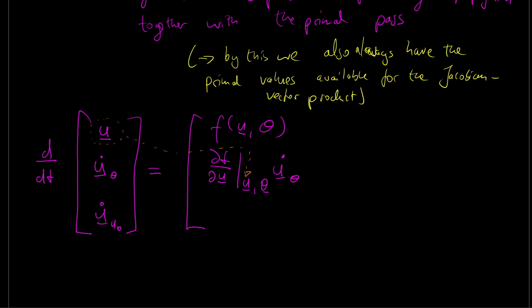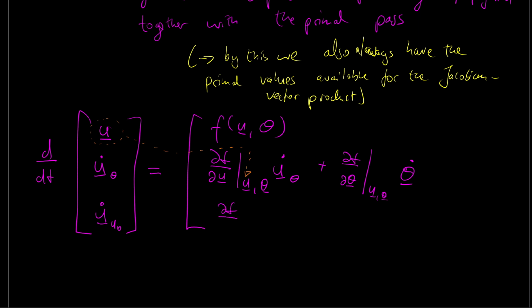So at each point, our ODE solver is now querying the right-hand side. It's also able to evaluate the Jacobian vector product. Then plus df by d theta evaluated at u and theta. So again, it's the same u. The theta is fixed throughout the time, so this does not change. So we don't have to worry too much that we always need the most recent version of it. And then we also have the multiplication with theta dot, which is also fixed throughout time. It's given. Okay, then how do the dynamics look for the last component?